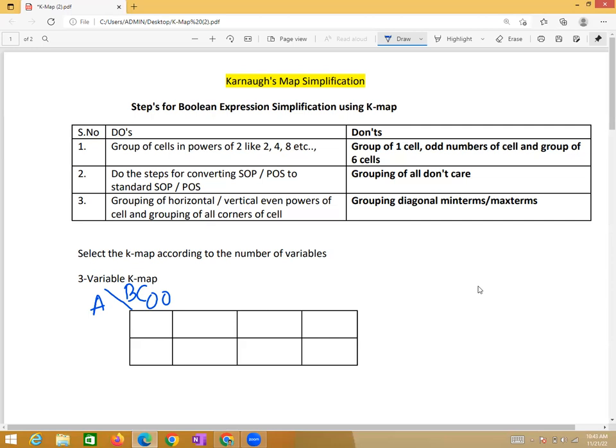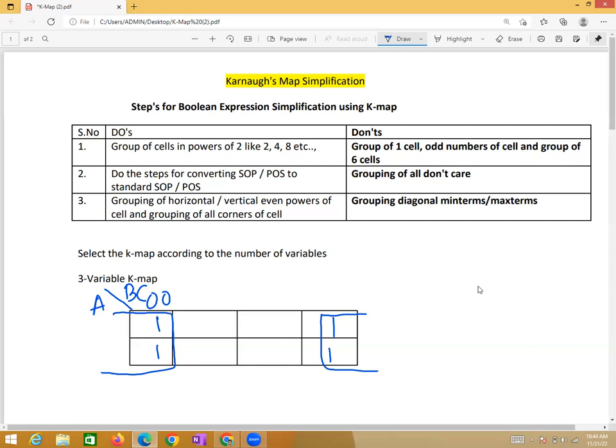Grouping of horizontal or vertical even powers of cells and grouping of all corners of cells is also possible. For example, if you have a function like this, then we can group it as a quad group. Quad is nothing but a combination of 4 cells.